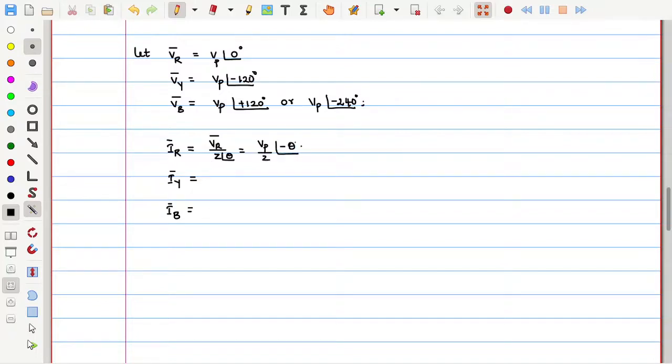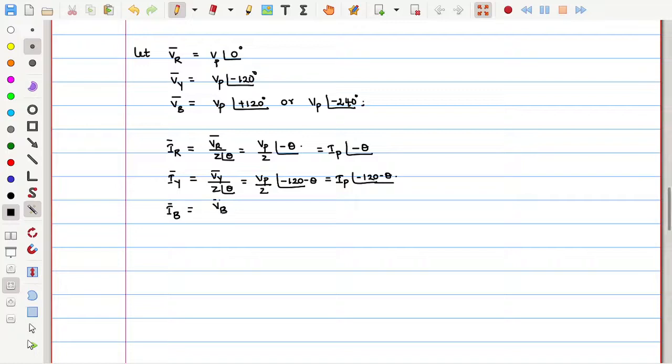You can cross verify this. Similarly, VY divided by Z at an angle theta is equal to VP by Z at an angle of minus 120 minus theta. And this VP by Z can be considered as IP, the phase current magnitude. So IR is IP at an angle minus theta, and IY is IP at an angle minus 120 minus theta.